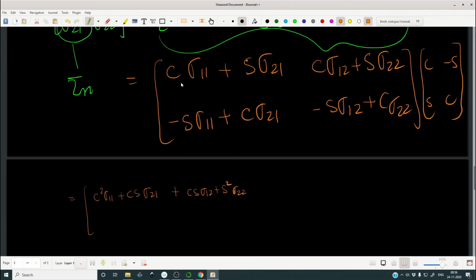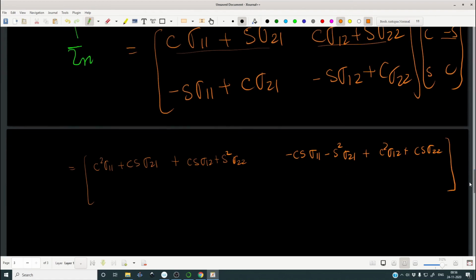So then the second element will be this times this plus this times this. So it will be minus CS sigma 1 1 minus S square sigma 2 1 plus C square sigma 1 2 plus CS sigma 2 2, and this will be minus CS sigma 1 1 plus C square sigma 2 1 minus S square sigma 1 2 plus CS sigma 2 2, and this will be this times this.